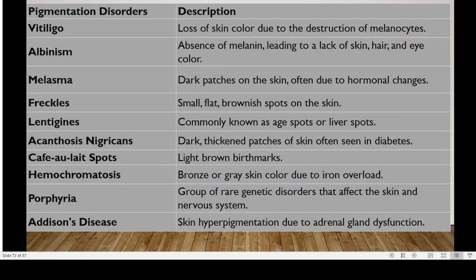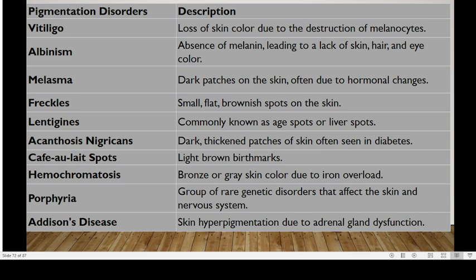So examples for pigmentation include vitiligo, albinism, melasma, freckles, lentigines, acanthosis nigricans, hemochromatosis, porphyria, and also Addison's disease.